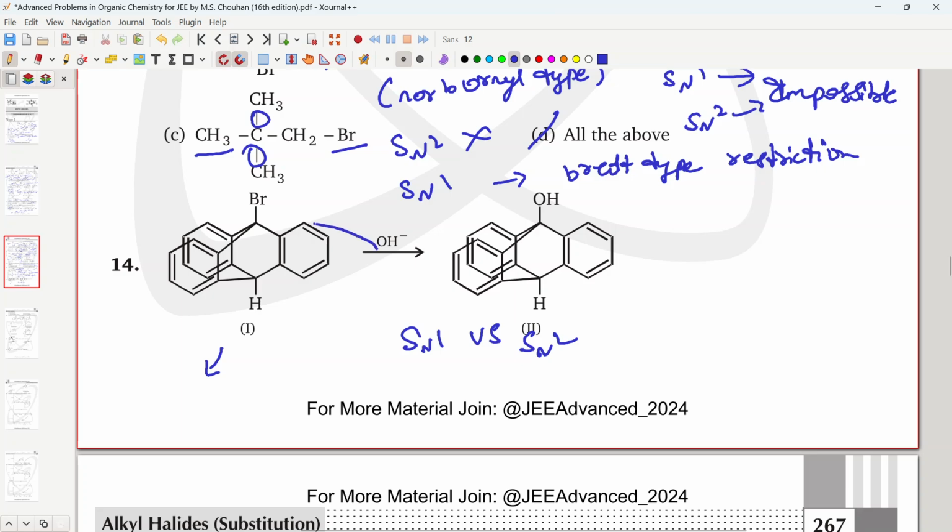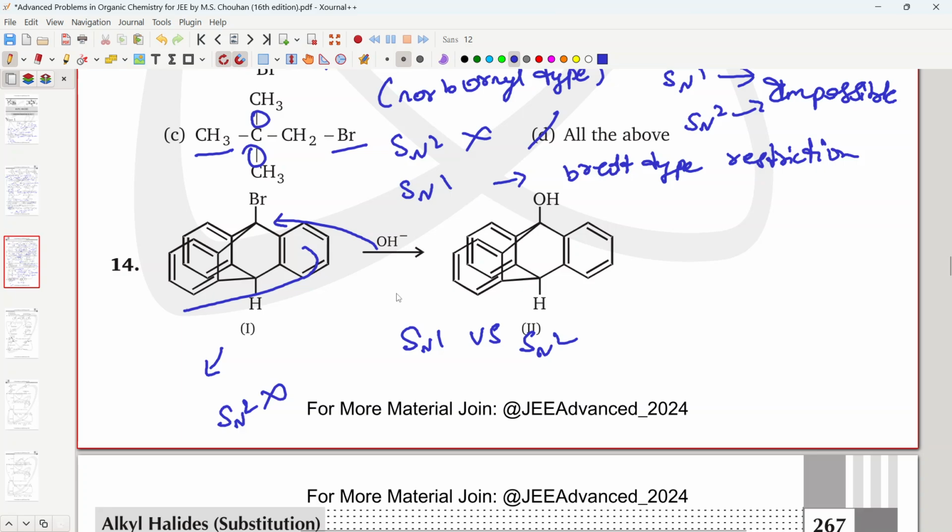For SN2, the OH has to attack from the backside of the C-Br bond. This is a fused ring system, so the carbon is buried inside a rigid polycyclic framework. The backside attack is blocked by the bridge ring or framework, so it is essentially impossible. So SN2 is not possible. So what about SN1?